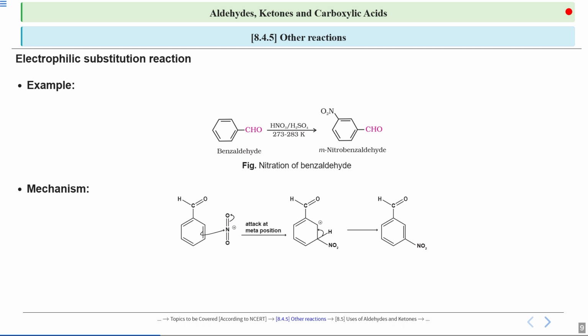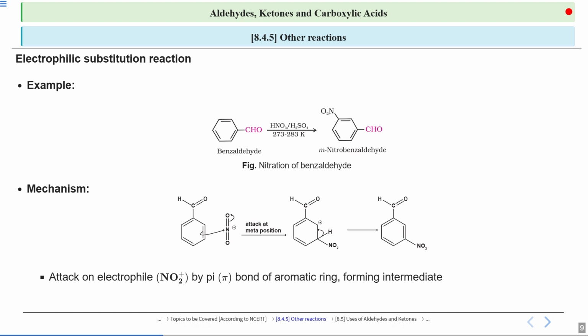If you look at the mechanism, the attack of the electrophile, the nitronium ion, occurs primarily at the meta position of the benzaldehyde ring, where the electron density is relatively higher, and we get meta-nitrobenzaldehyde as the product.